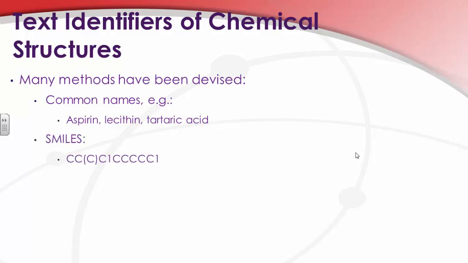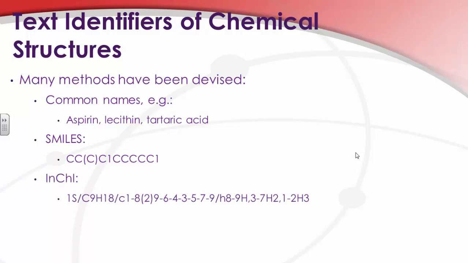Later on, we wanted to be able to describe things succinctly, particularly for purposes of computers, and they invented SMILES strings, which allow us to describe the skeleton of a structure. InChI is just another kind of encoding mechanism, not very intuitive for human beings, but still a way to convert structure into text strings.